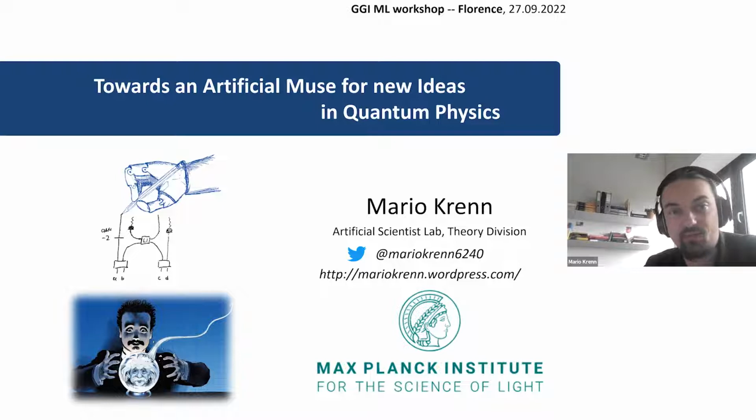My name is Krenn, and I would like to talk briefly about how we can use computers to get new ideas. How can we use artificial intelligence to inspire new ideas? Kind of like an artificial muse. I will show this in two concrete ways. First, how we can use computers to design new quantum experiments and get new understanding out of it.